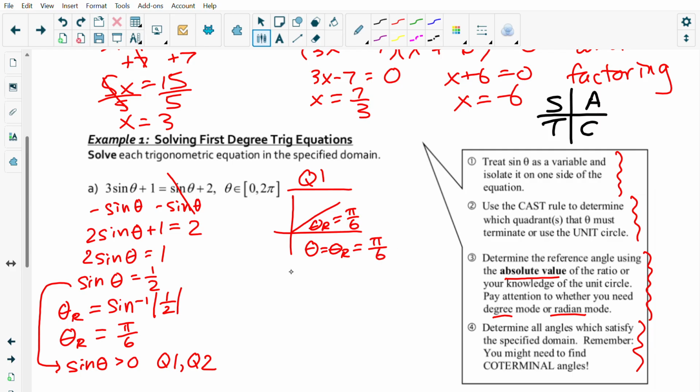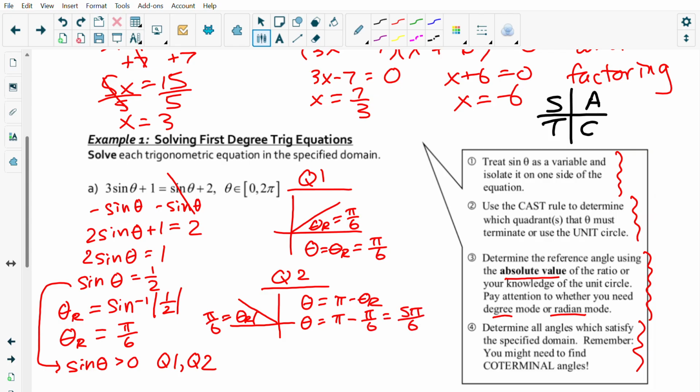In quadrant 2, I have my reference angle equal to pi over 6. Well, in quadrant 2, I know my angle in standard position is pi minus the reference angle, and that equals pi minus pi over 6, and that's 5 pi over 6. Okay, quadrant 1, quadrant 2.